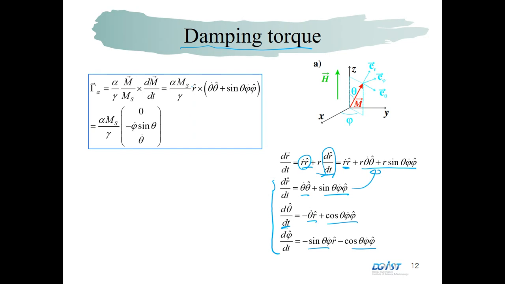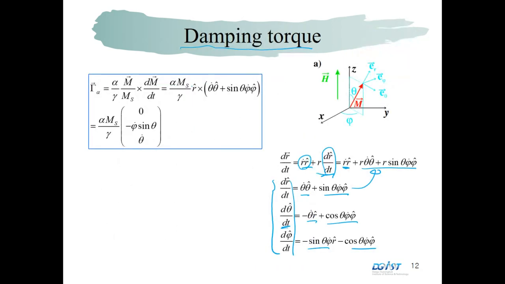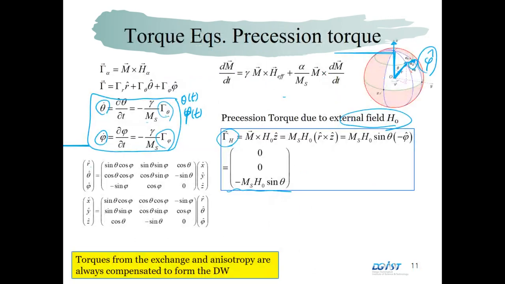Okay. And how can you prove this one? So, for example, here, in this equation, the r unit vector is given. The difficult thing is here. The x, y, and z unit vectors are time independent, but the r, theta, and phi are changing with time.